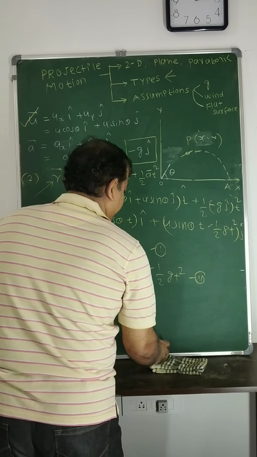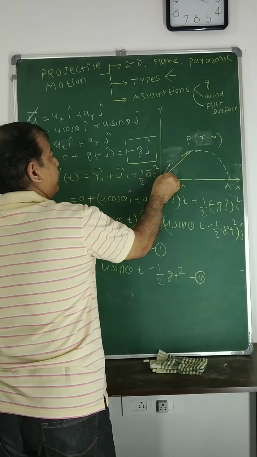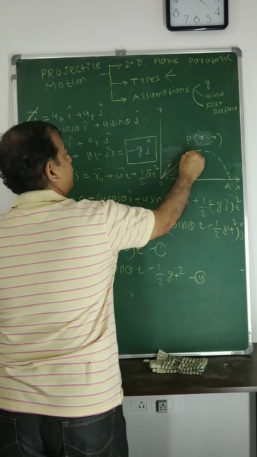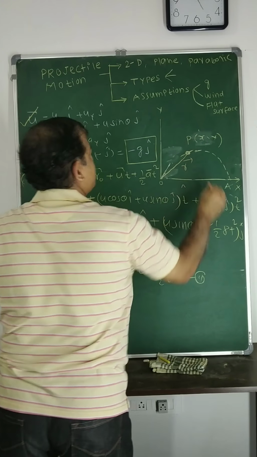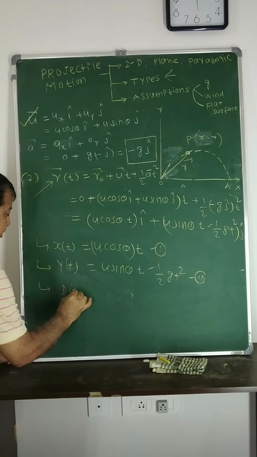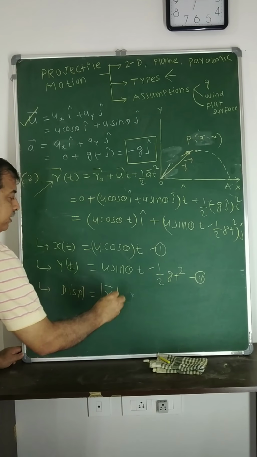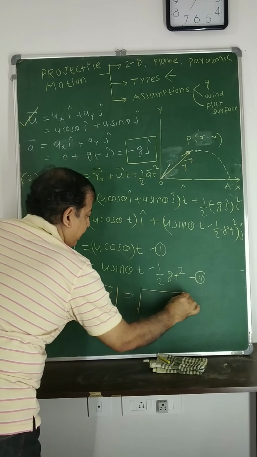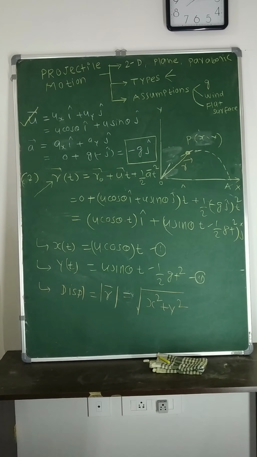So I can calculate the position coordinate at time t, and I can calculate the position vector. Remember, the position vector is nothing but the straight line connecting the initial point and the point where we are interested. So this becomes the position vector. Somebody might be interested in calculating the displacement. Displacement is nothing but this quantity, and this can comfortably be calculated as root under x square plus y square.